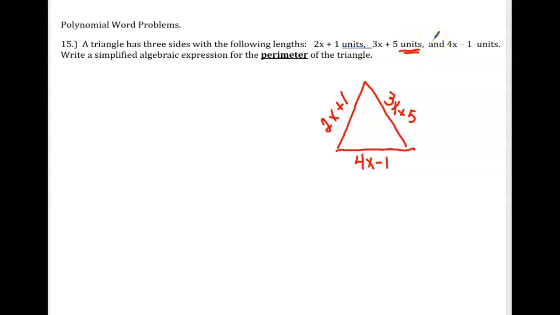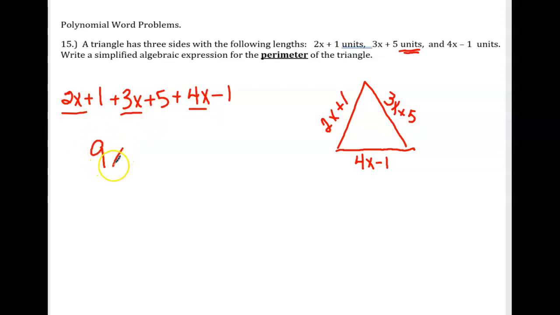Okay, so with the perimeter, all you do is add up all the sides. So we're going to take 2x plus 1, add 3x plus 5, and then add 4x minus 1. All right, so when you simplify this, you've got 2x plus 3x is 5x, and 5x and 4x is 9x, so we get 9x. 1 plus 5 is 6, minus 1 is 5.